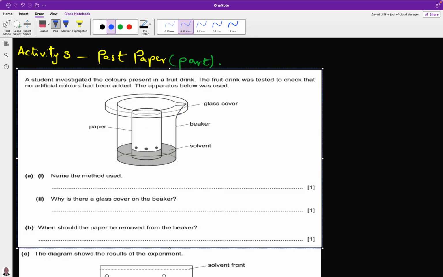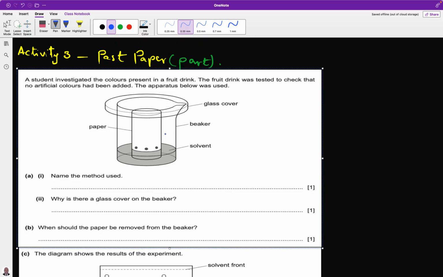It means all the colors in the mixture have been separated. So if there's no color traveling up again, we can now remove the paper.